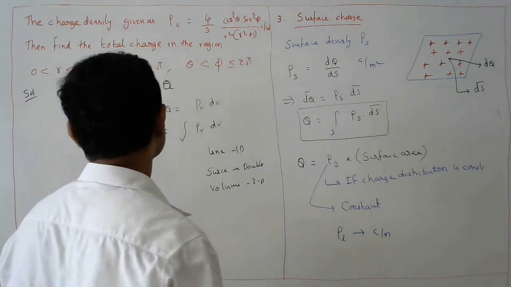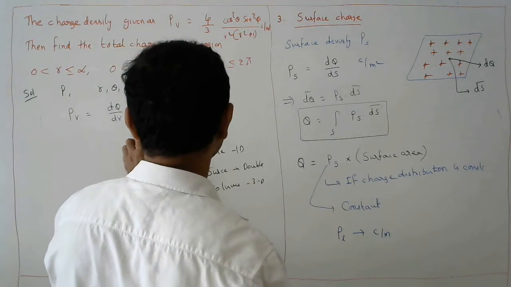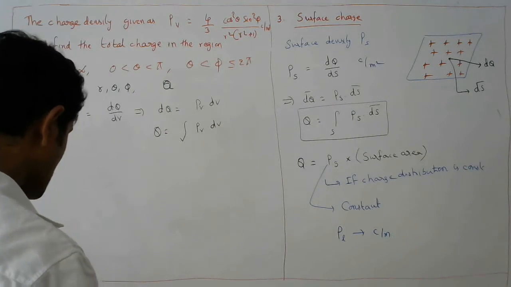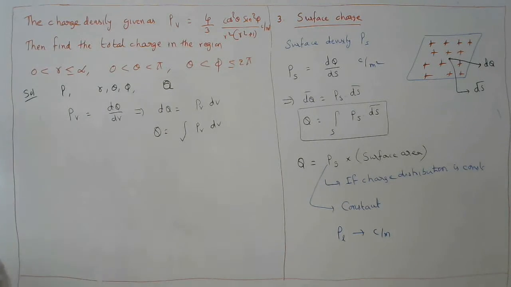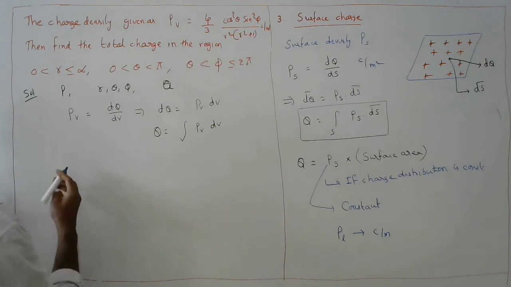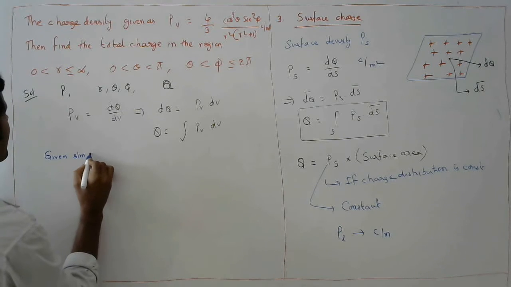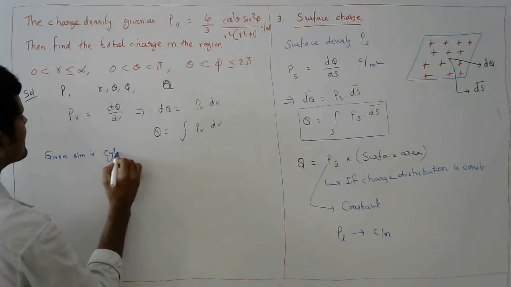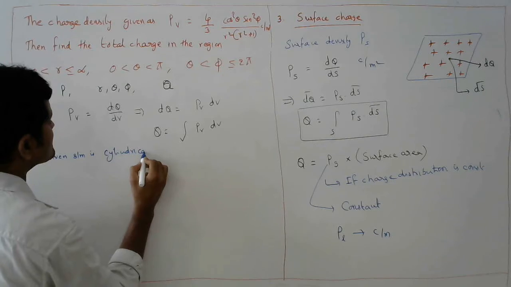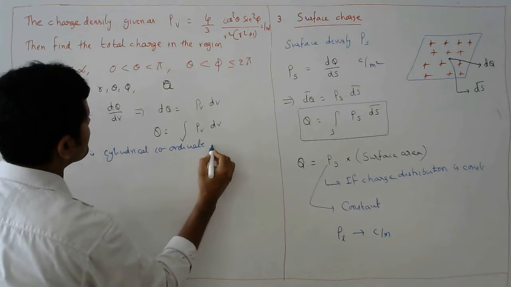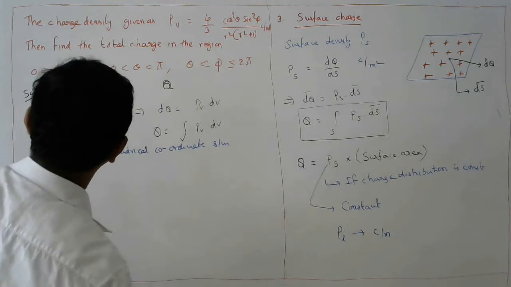Given axes are r, theta, phi. If r, theta, phi are given, we can say it is related to the spherical coordinate system.